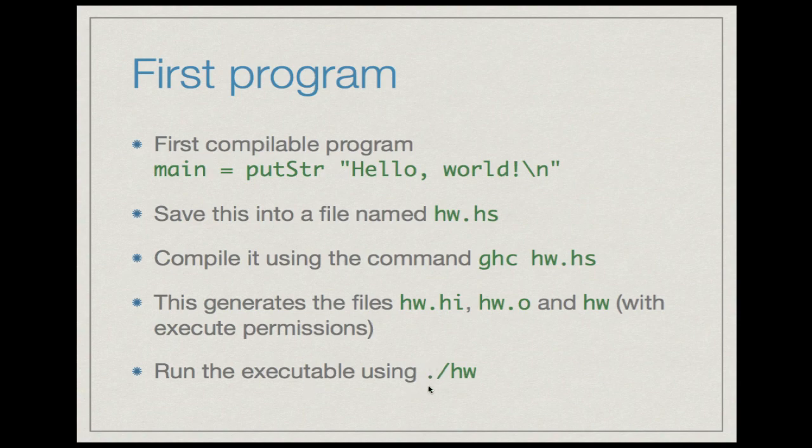Dot denotes the current directory. ./hw means that the executable file hw can be found in the current directory. If you add the path where your Haskell executables reside to your path environment, you can just invoke the program using hw. But for now, in the examples, we'll just use ./ followed by the program name.